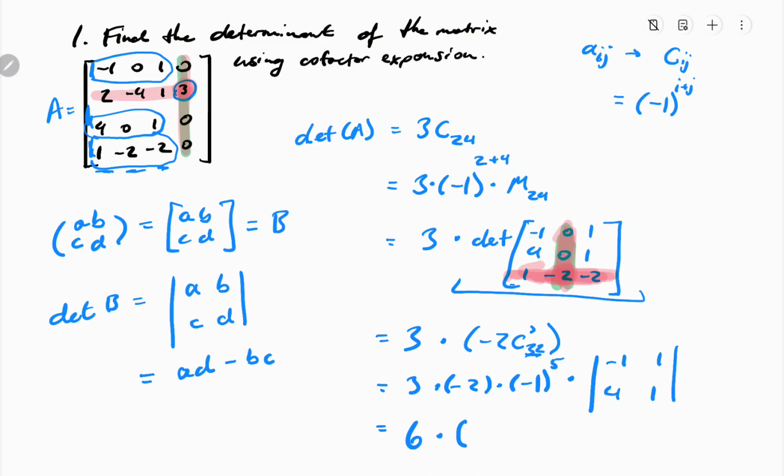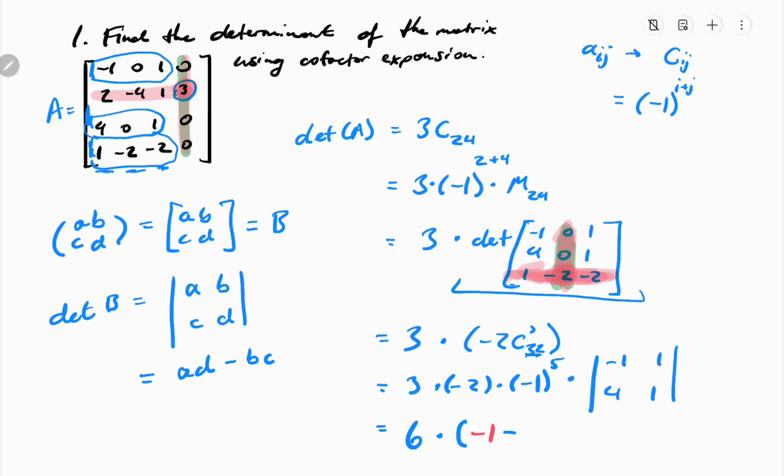We have the top left and the bottom right multiplied together. That gives us -1. Sorry, that's a rookie move right there. So we have -1, and we're going to subtract the product of the bottom left and the top right.